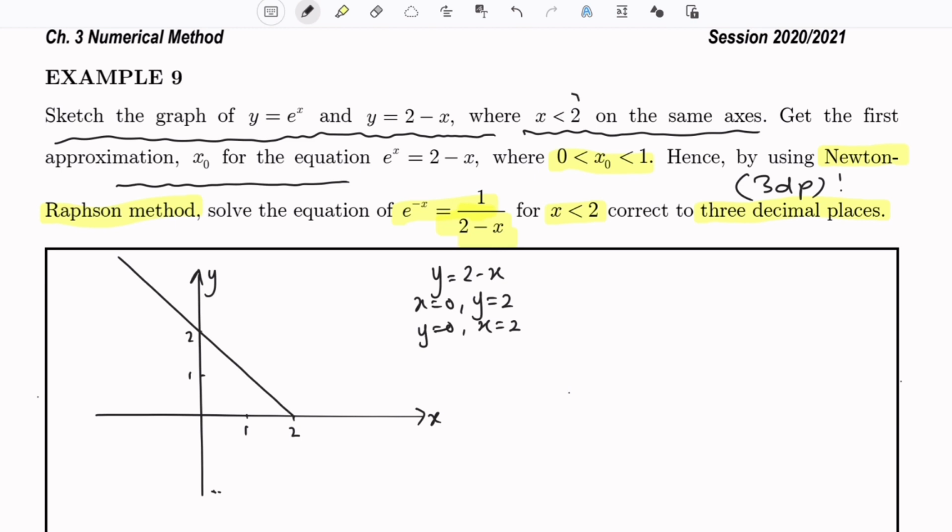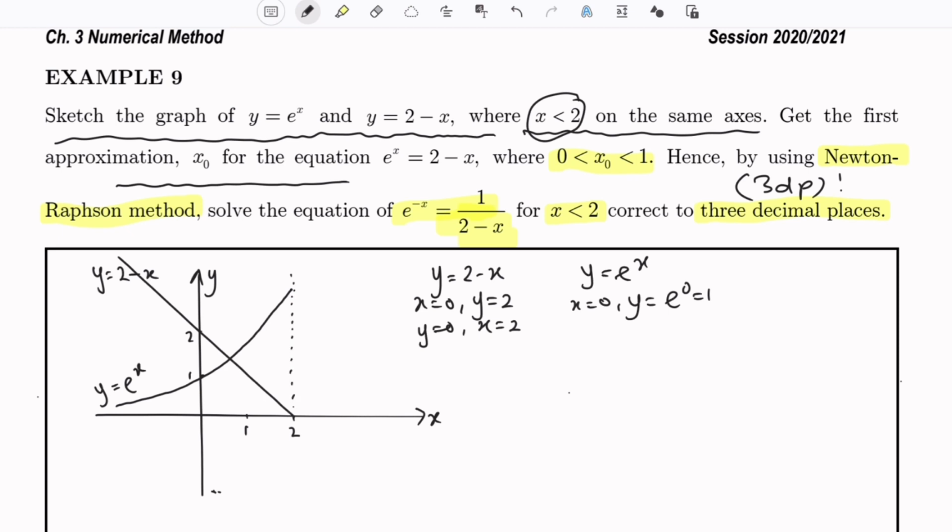So not to forget, your x is less than 2, so up to 2 only. So this is y equal to 2 minus x. Next, we're going to sketch y equal to e^x. So x is 0, y equals e^0 equals 1. So this is your graph of y equal to e^x. So make sure it is less than 2.